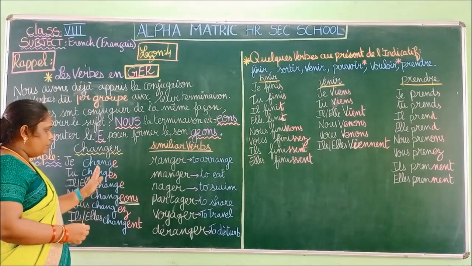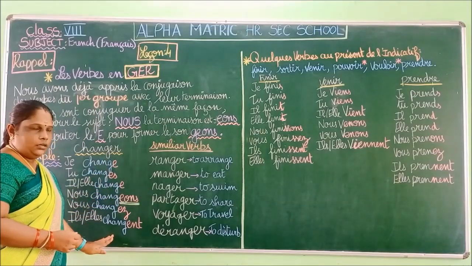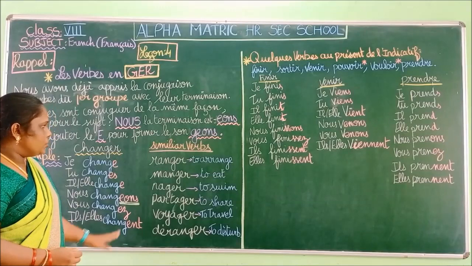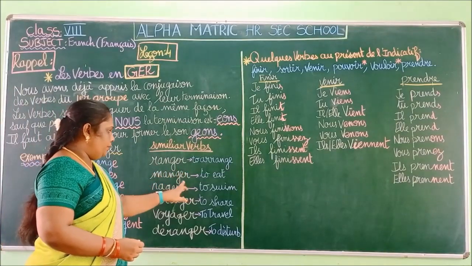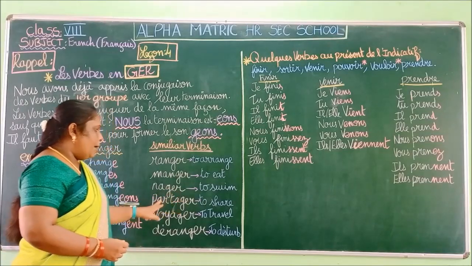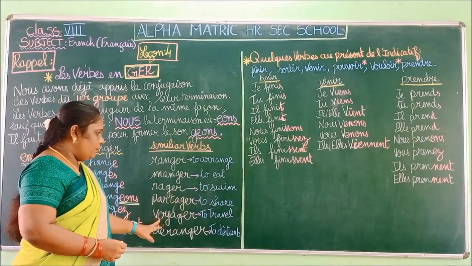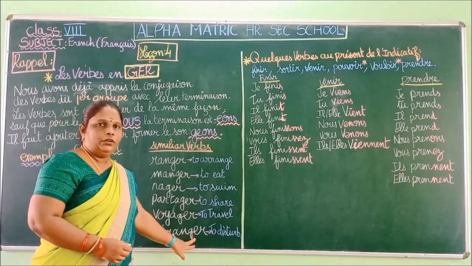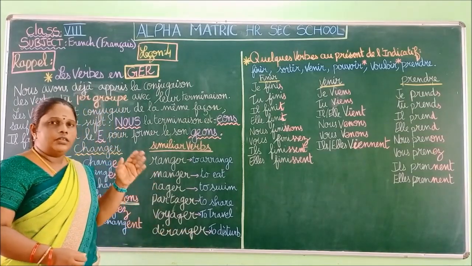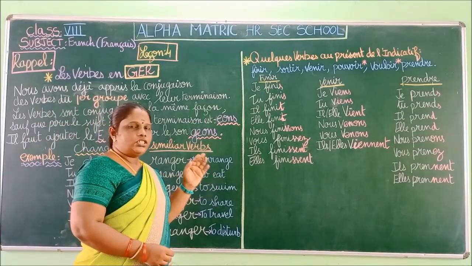So that also we are going to conjugate like this. Okay, in the same manner. So you can see le verbe ranger, manger, nager, partager, voyager, déranger. We have many verbs. Okay, so you have exiger. Okay, so lots of verbs are there.